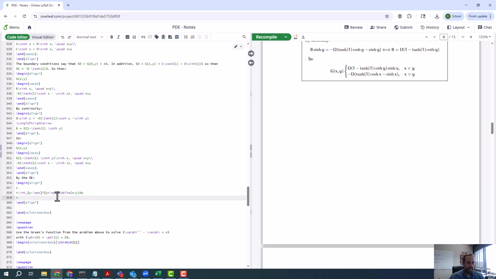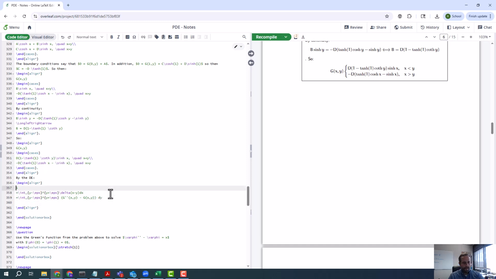But this then is going to be the integral of g double prime of x y minus g of x y dx. I'm going to do this in a couple lines here. Okay, and so this is going to be equal to g prime of y plus epsilon comma y minus g prime of y minus epsilon comma y.